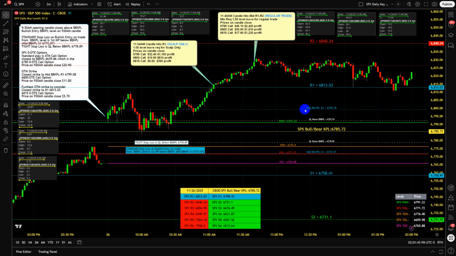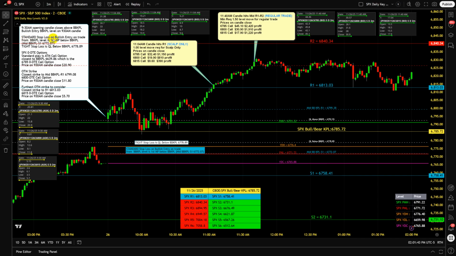They also serve as thresholds for trades that are moving in your favor, and for gauging continuing momentum. So the only levels that you take bullish or bearish trades on with this indicator are either the bull bear KPL level, or the S1 through S6 levels below, or the R1 through R6 levels above.